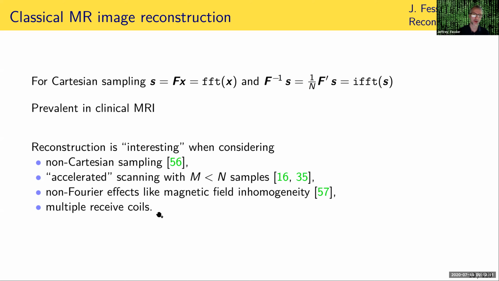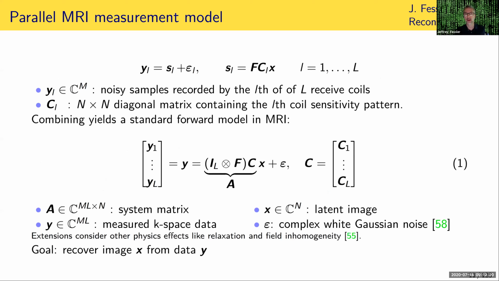Or in combination with the others, if you have multiple receive coils, because this formula here is for a single receive coil. So let's move on to the case where we have multiple receive coils, and now let's actually acknowledge the fact there's also noise in the data. So let's assume we have L receive coils.